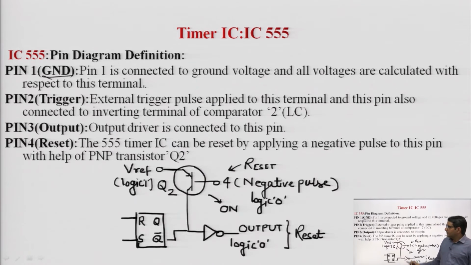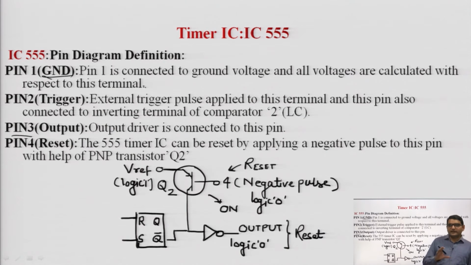Pin number 2 is where the external trigger pulse is applied, and this pin is also connected to the inverting terminal of comparator 2, the lower comparator or trigger comparator.